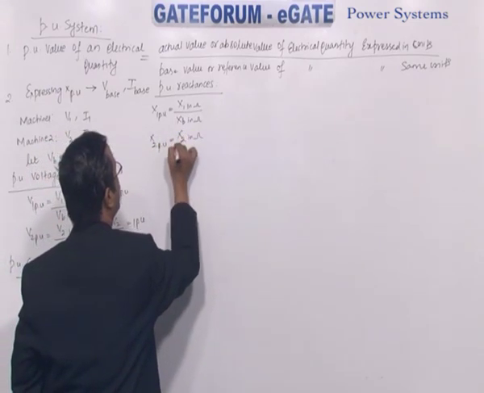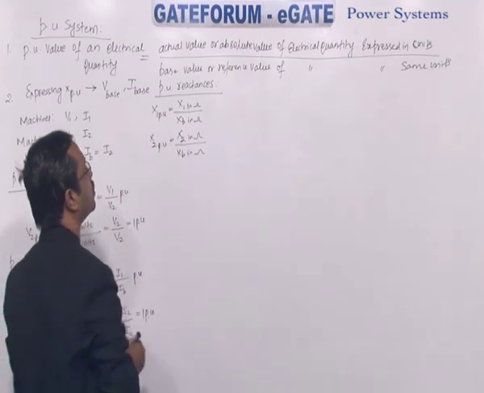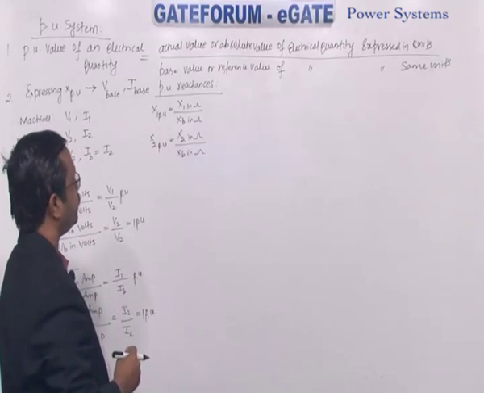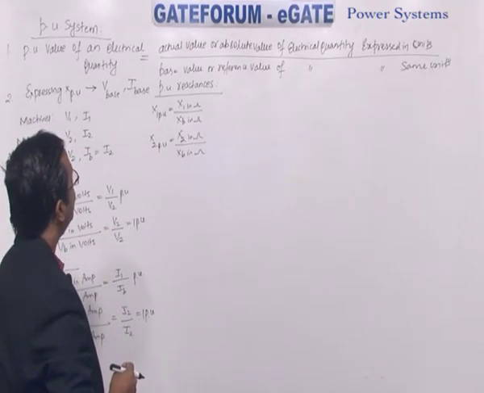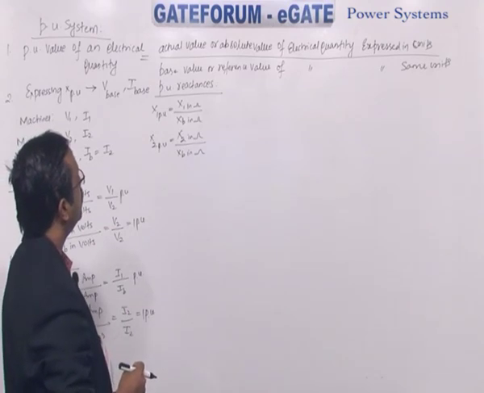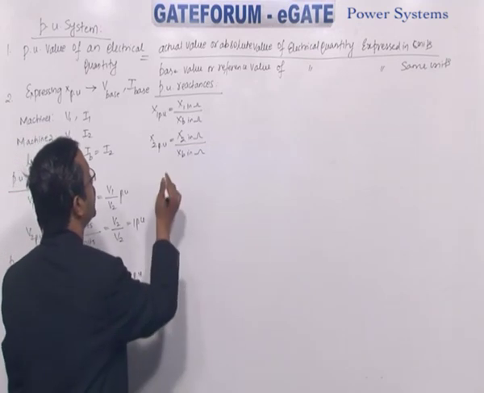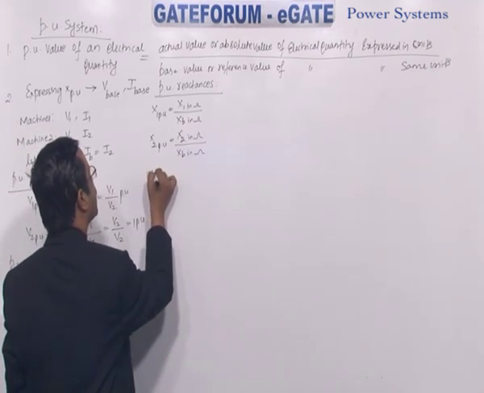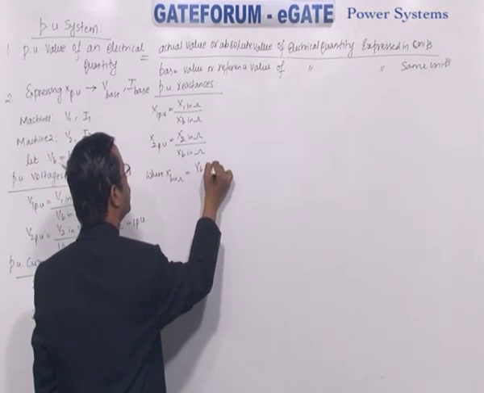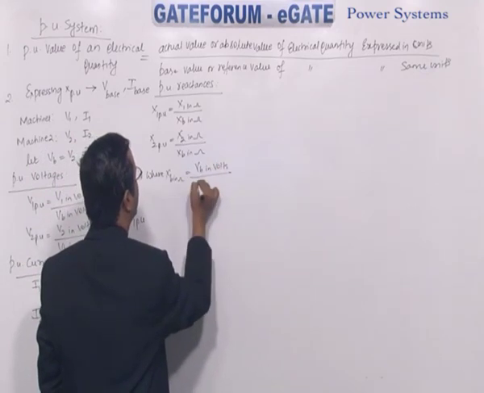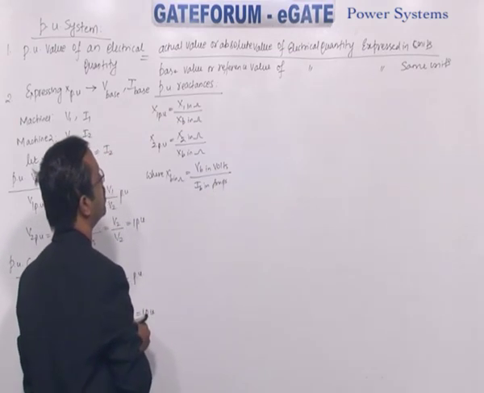Actual value of X2 in ohms by the base reactance in ohms. And what is the base reactance? Base reactance in ohms is the base voltage measured in volts divided by the base current measured in amperes.